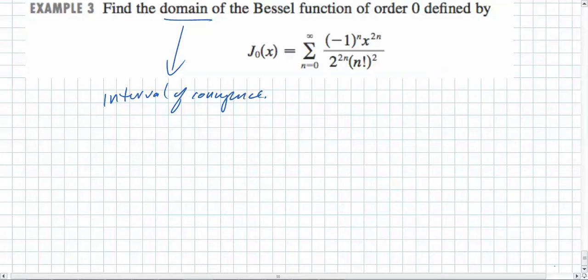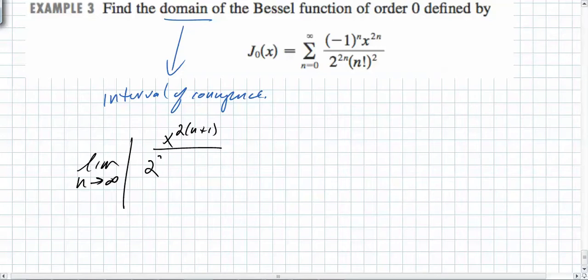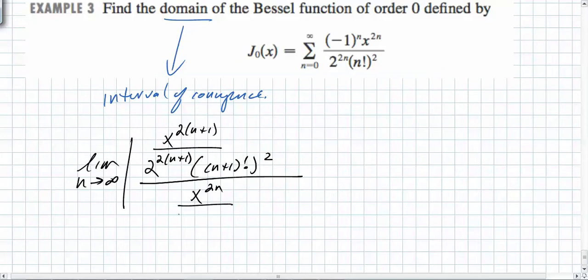So we need to look at what happens as the limit as n goes to infinity of, we can drop that negative 1, x to the n plus 1 over 2 to the 2 times (n plus 1) factorial squared, all over x to the 2n over 2 to the 2n times n factorial squared.